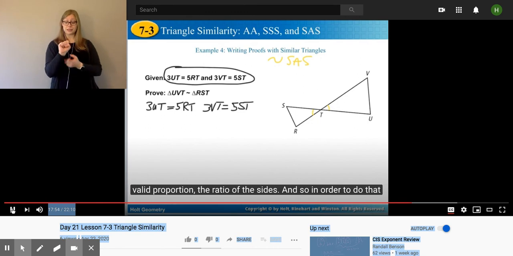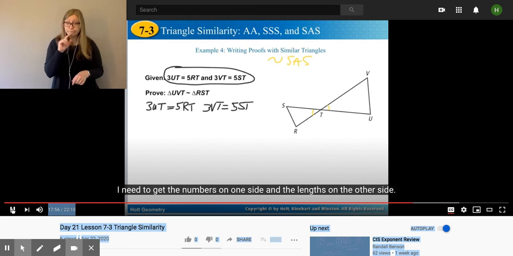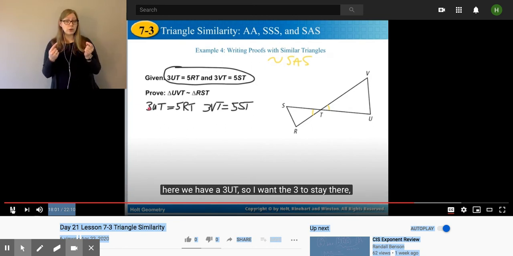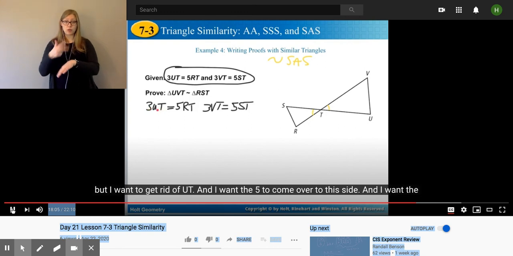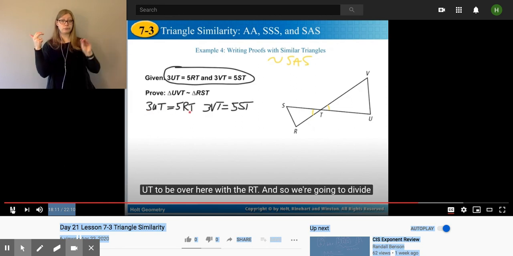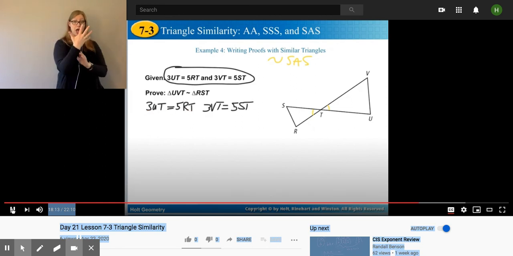And so in order to do that, I need to get the numbers on one side and the lengths on the other side. So here we have a 3UT, so I want the 3 to stay there, but I want to get rid of UT. And I want the 5 to come over to this side, and I want the UT to be over here with the RT. And so we're going to divide to do this.